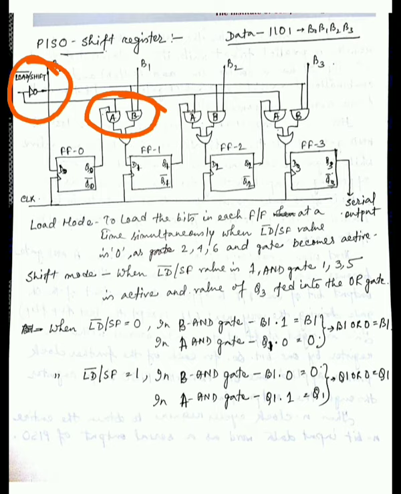Whenever the A gates are active, only the data from the previous flip-flop goes into the next flip-flop, that is, it shifts right. This is the main mechanism of the parallel in and serial out register.